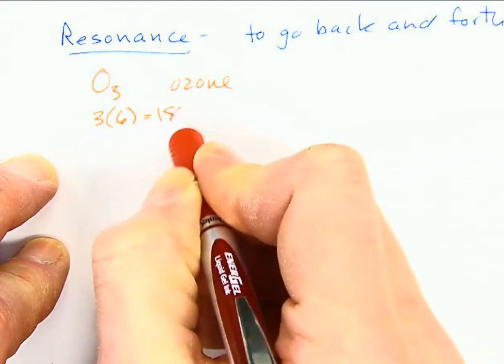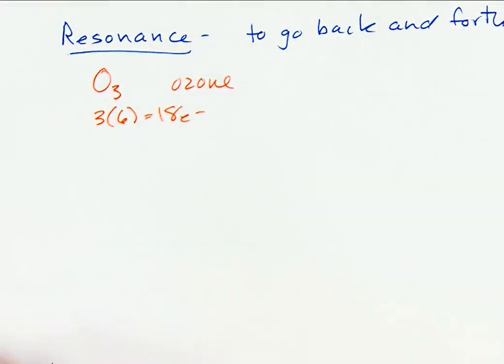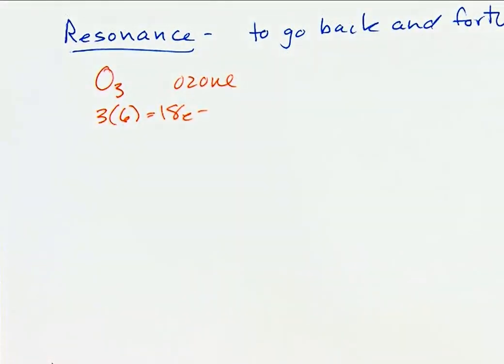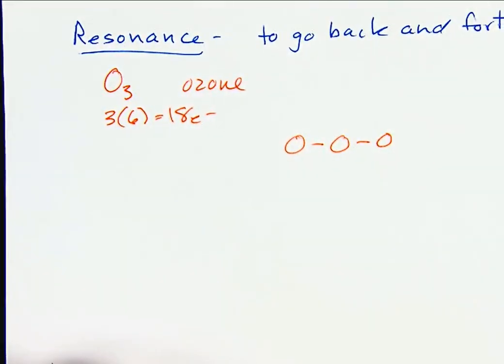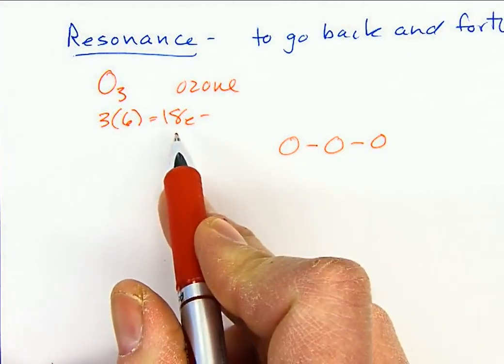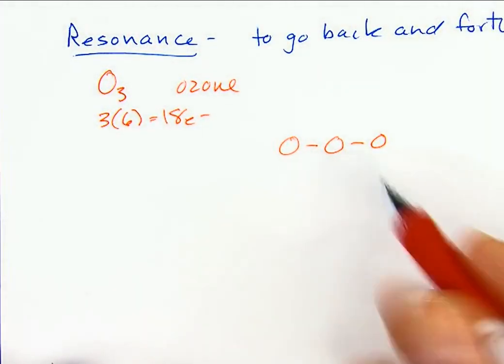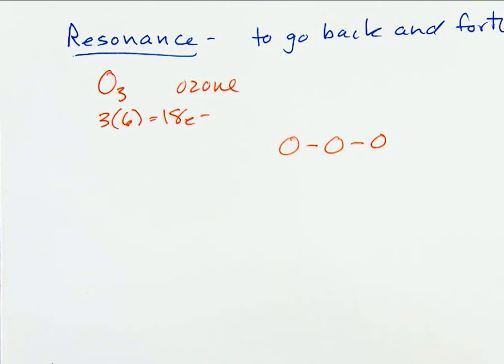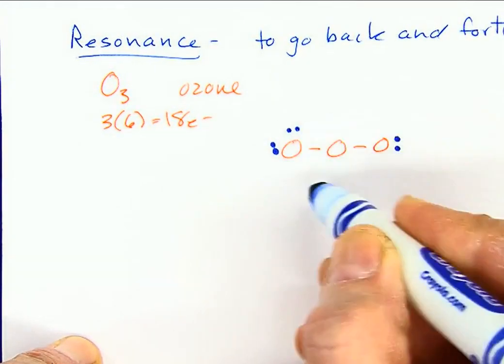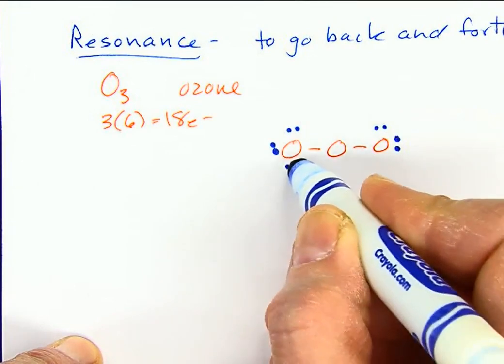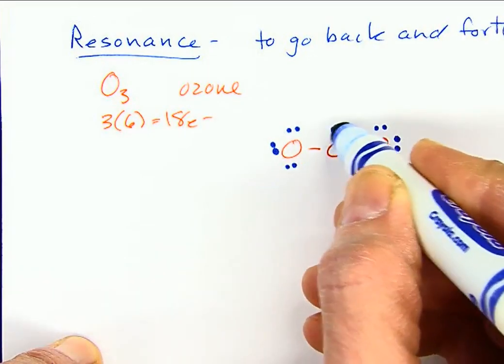It gives us 18 electrons around the outside of ozone. So you draw your skeletal structure here, and then you have to get up to 18, if you remember. So we have 2 and 4. We have our time saver here: 6, 8, 10, 12, 14, 16, 18.